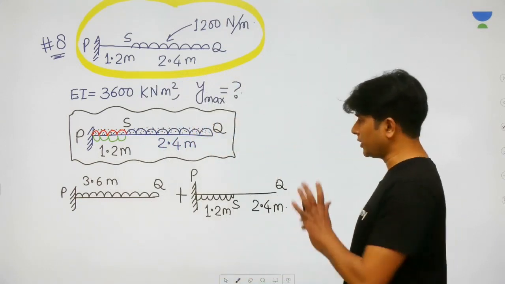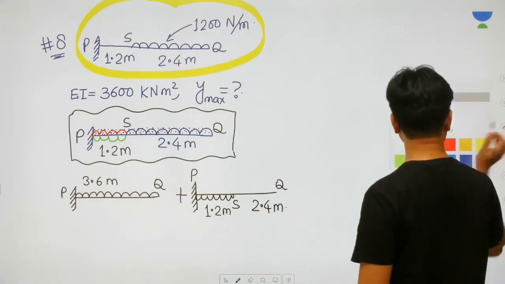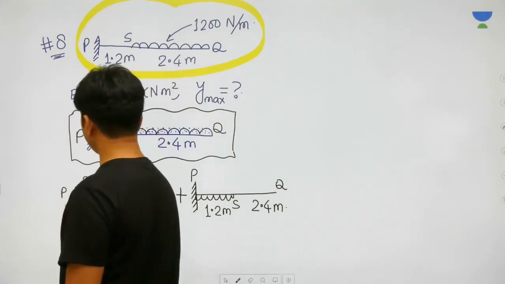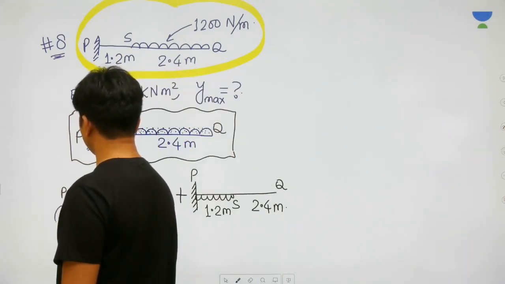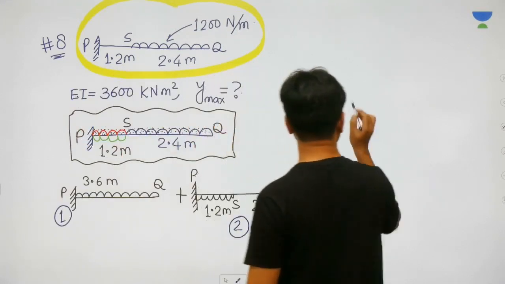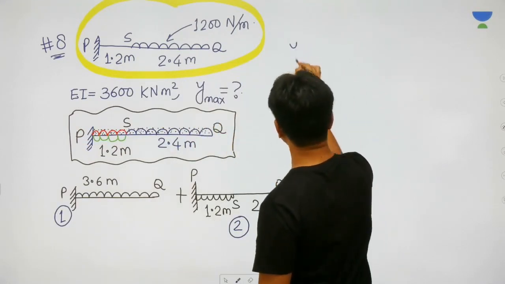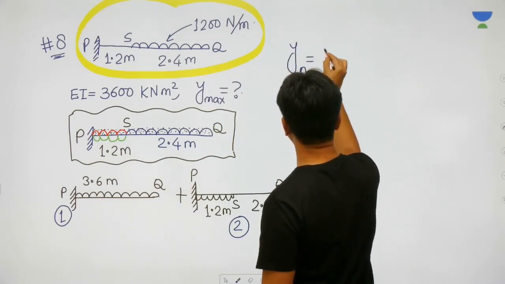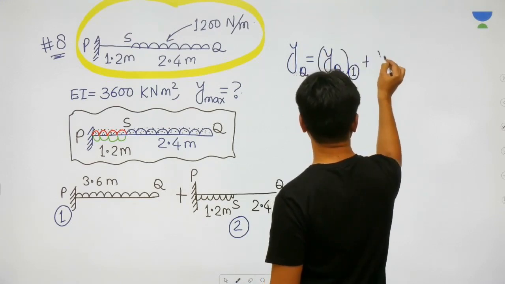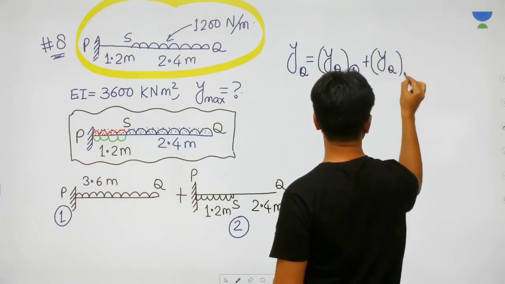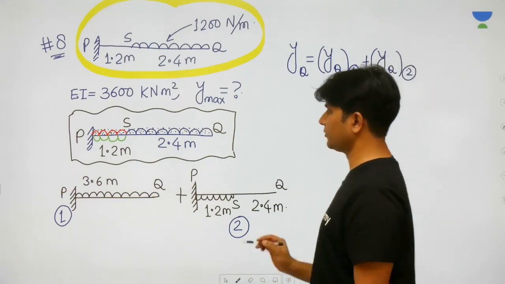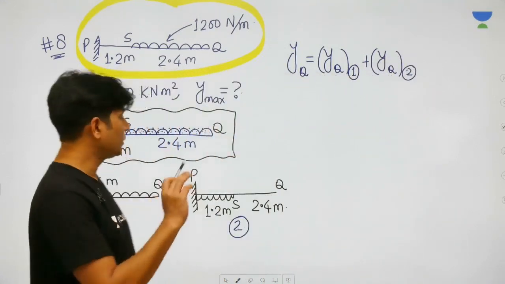Now we can very clearly break this beam into two beams, and let's call this one as beam 1 and this one as beam 2. Then we can use method of superposition to write YQ, which is also representing Y max, as YQ of the first beam plus YQ of the second beam, isn't it?